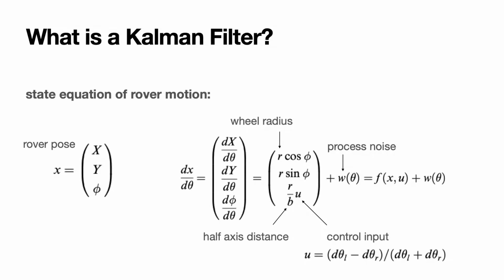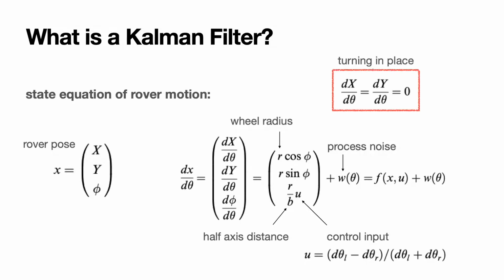This control input can be calculated by using the average differential wheel rotations of left and right wheel, omega L and omega R. Since our process is not noise-free, we also have to add the process noise W of omega to this calculation. For the case that our rover is turning in place, the changes in x and y direction become zero.